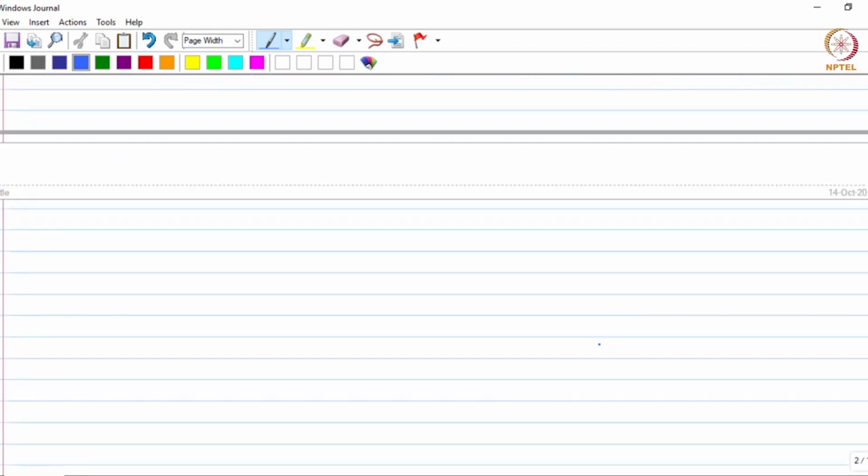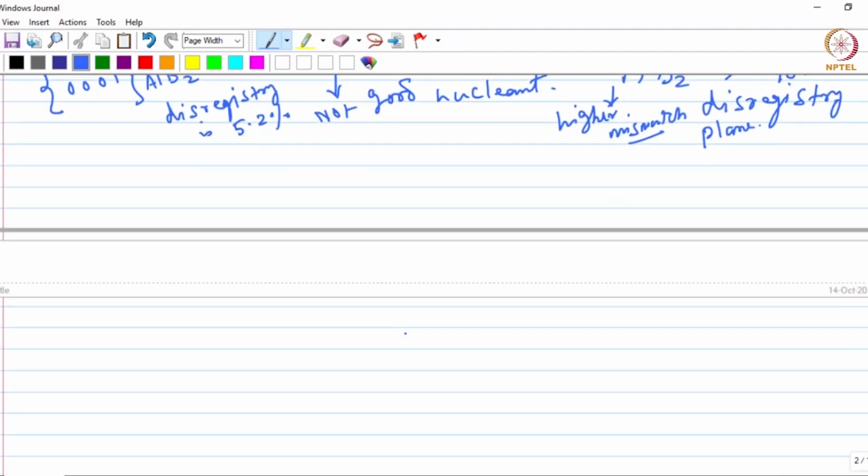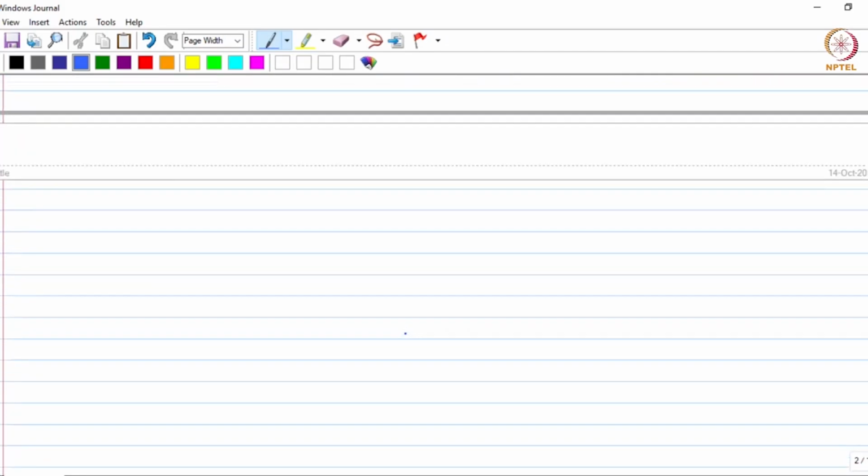So therefore, because of such issues with TiB2, it is not added alone, rather it is combined with titanium and added in the form of these ternary master alloys, so that you can also have the presence of Al3Ti particles, which are much more effective in terms of nucleating the aluminium.